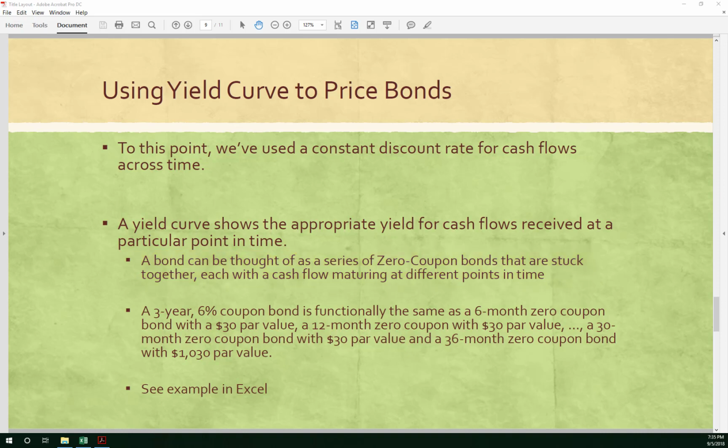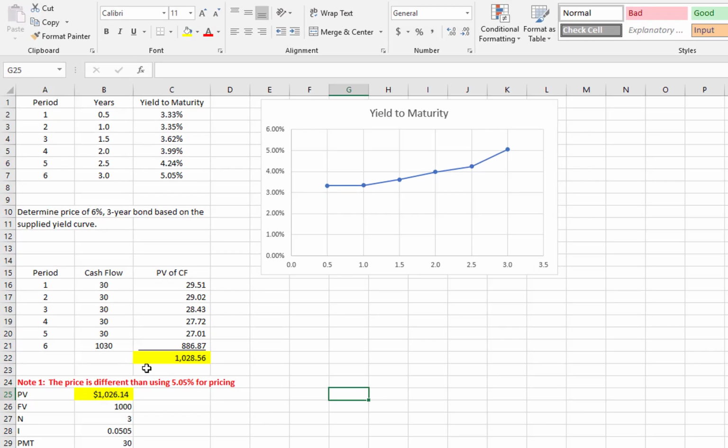So for instance, if we're thinking about a 3-year bond with a 6% coupon, it's really the same as a 6-month zero coupon bond that has a $30 par value, a 12-month zero coupon bond with a $30 par value, an 18-month zero coupon bond with a $30 par value, etc., getting down to the last two payments where you have a 30-month zero coupon bond with a $30 par value, and finally a 36-month zero coupon bond with a $1,030 par value. Let's go to Excel and maybe we can see that visually.